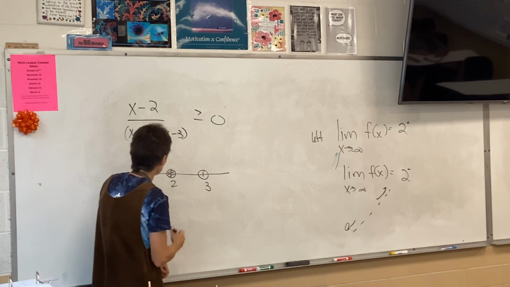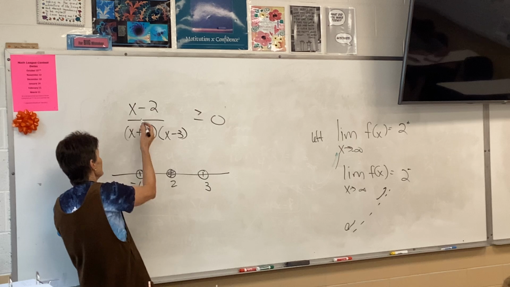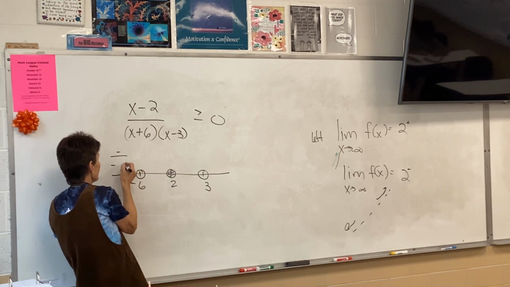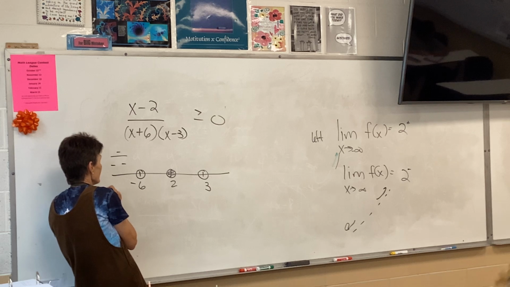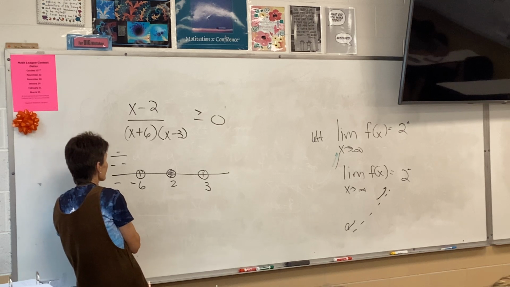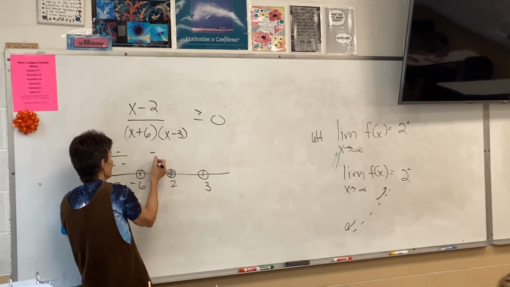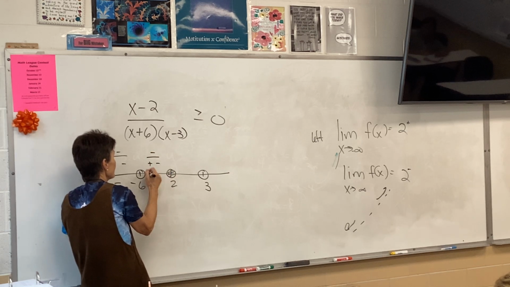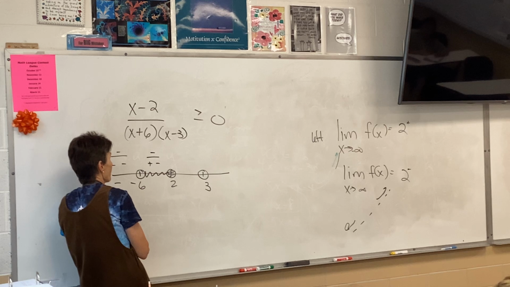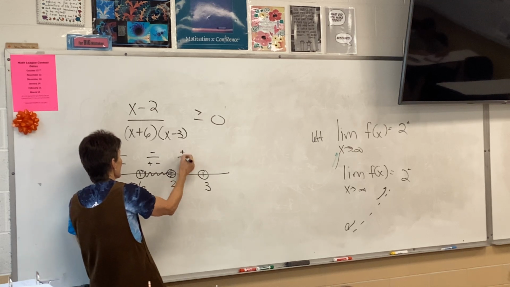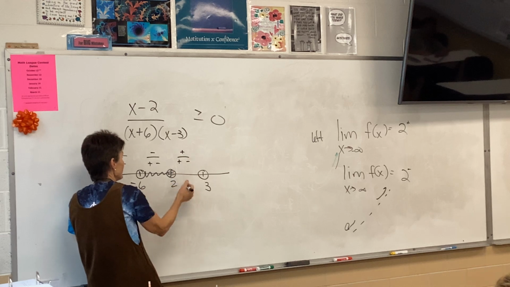Okay, so now we'll just do our thing. Negative 7 would give me negative over negative negative. That doesn't work. 0 would give me negative over positive negative. That'll work. 2.5 gives me positive over positive negative. That won't work.